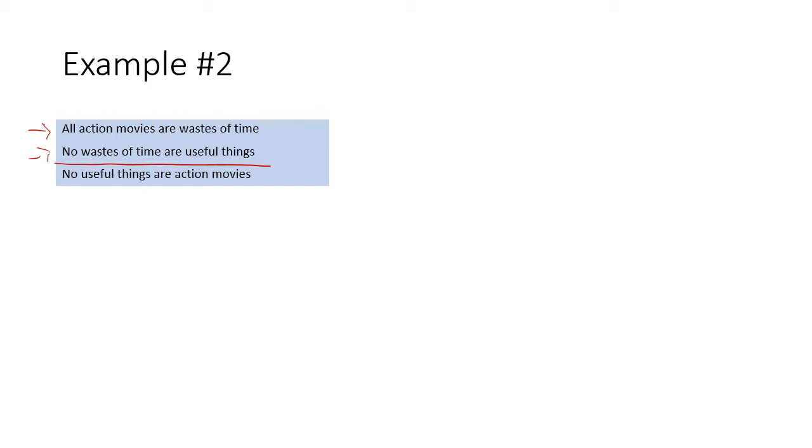So here's a scenario where everything is a universal, and so when it comes time to draw the pictures of the premises, we'll just be shading, right? We won't be putting an X anywhere. Okay, so just to go through the steps, the first step is to identify the terms. S stands for subject. It's the subject of the conclusion, the minor term, which in this case is useful things.